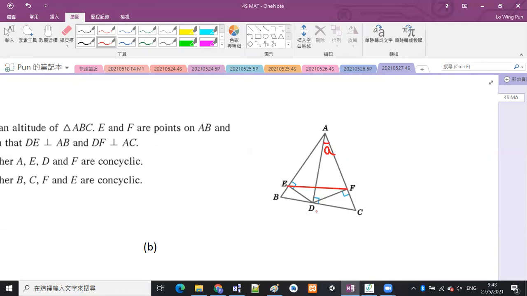Okay, angle DAF is looking at the chord DF, and we have angle DEF. Angle DEF is also looking at the same chord DF. I mean this angle. Okay, can you see that this angle is also equal to the small letter A, because this is a pair of angles in the same segments in the cyclic chord.